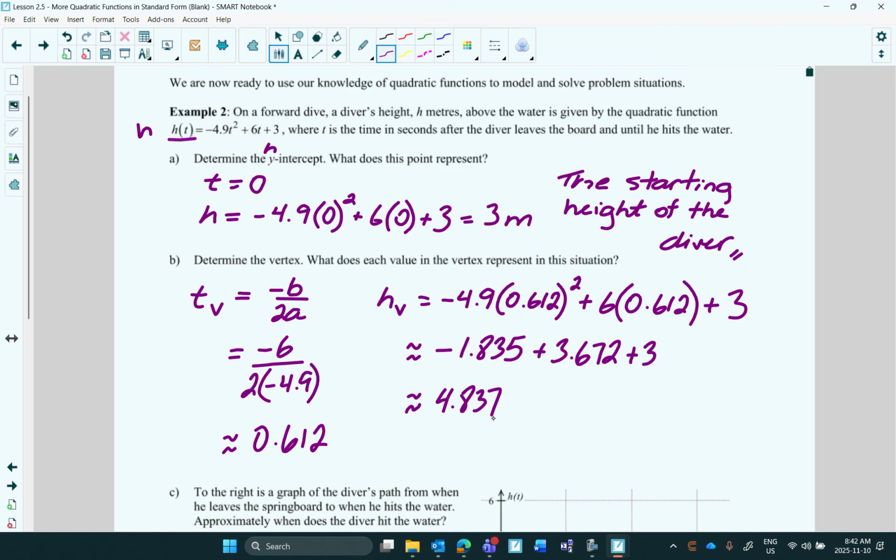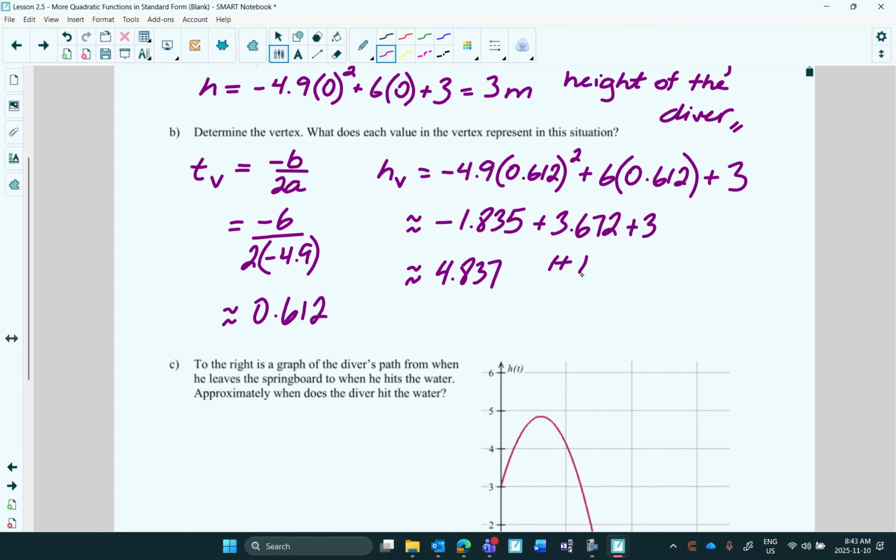Well, that's great. But what do these actual numbers mean in the problem? For x and y, at the maximum. So it takes 0.612 seconds for this diver to reach a maximum height of 4.837 meters. That's how you would interpret it.